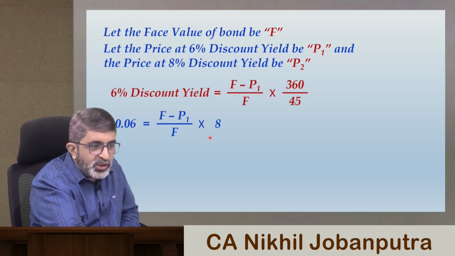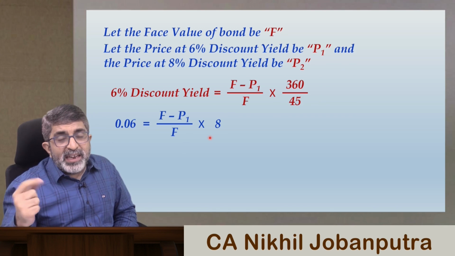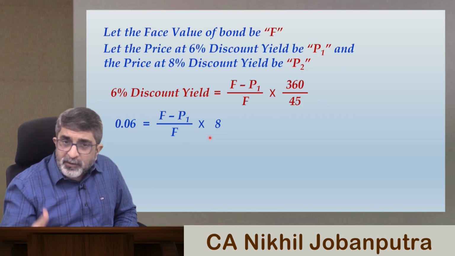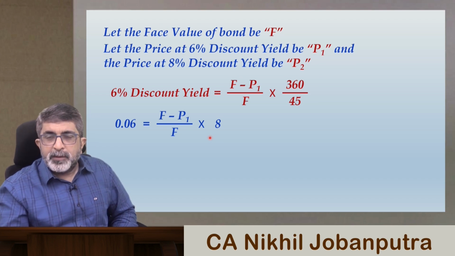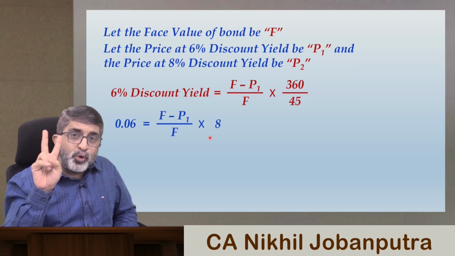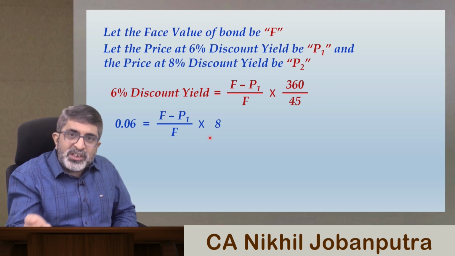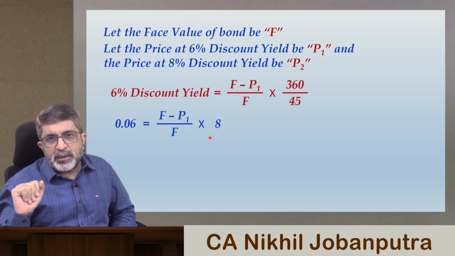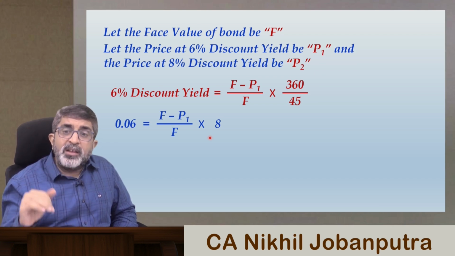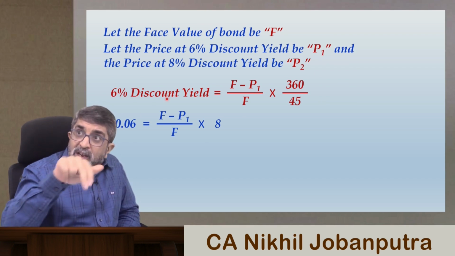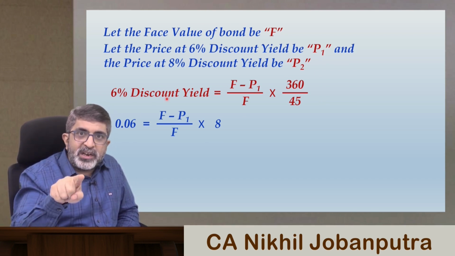Now solve this equation. You won't be able to get the final value in terms of either the face value or the P1 price because we have two missing variables. We will have to find two equations to find the value of these two variables, but we can easily do that because on one side we have 6% discount yield information, on another side we have 8% discount yield information.